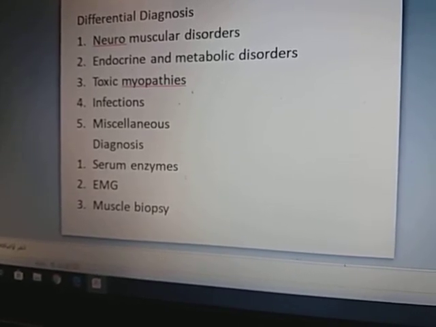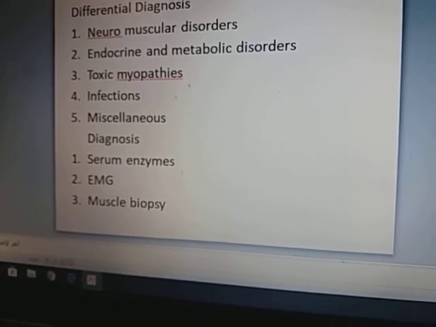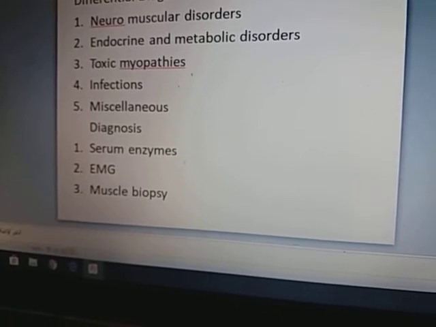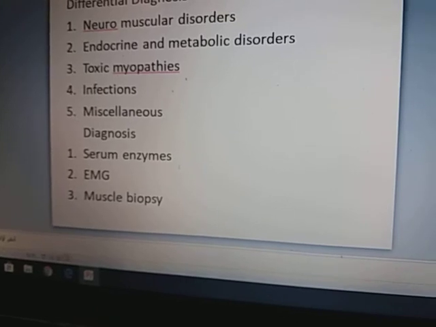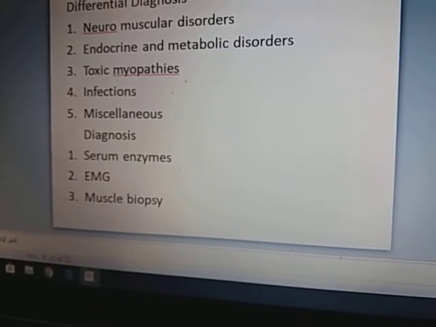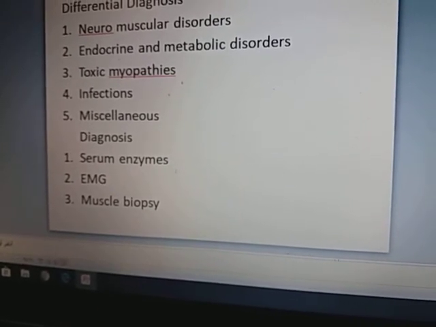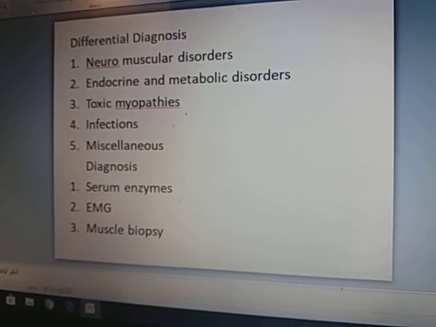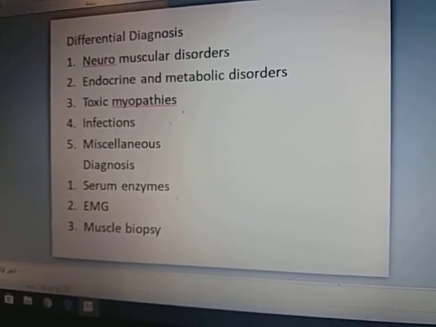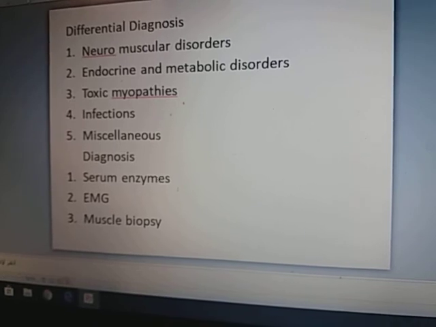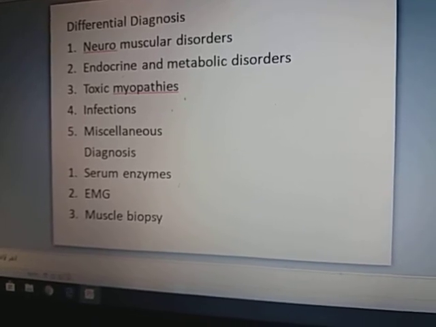This is elevated in polymyositis and dermatomyositis, and also it is elevated in other groups of disease, in myocardial infarction and others. EMG is useful, and muscle biopsy.